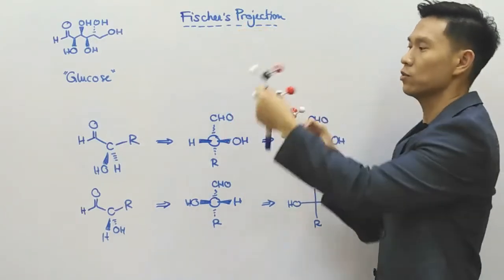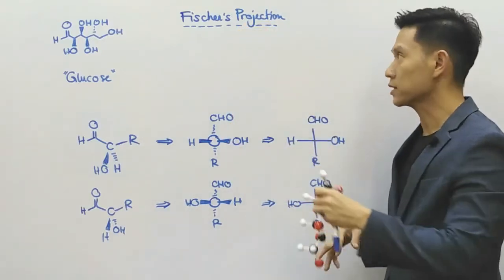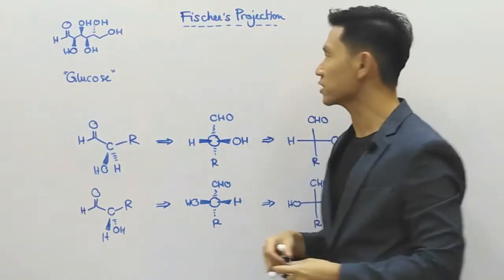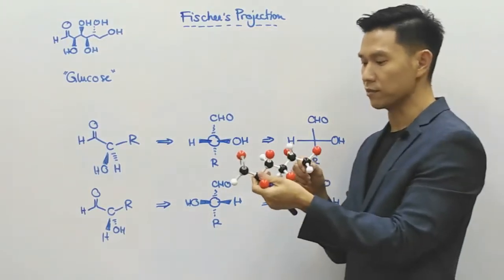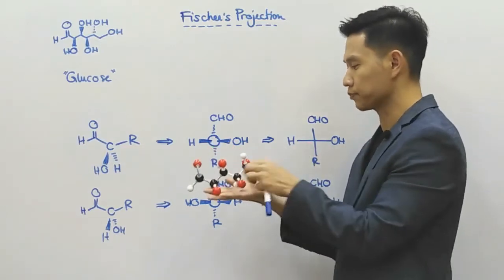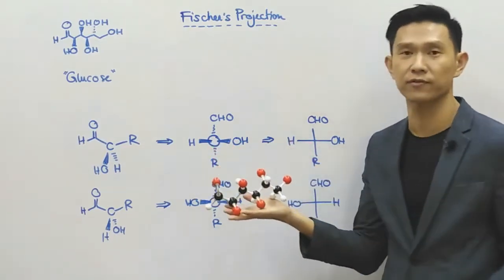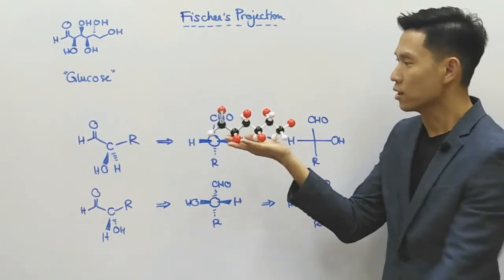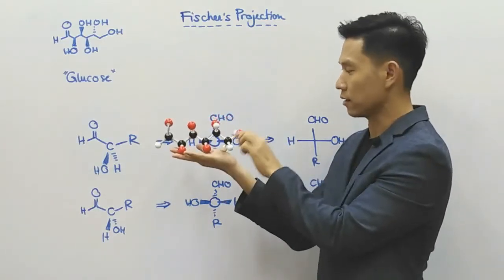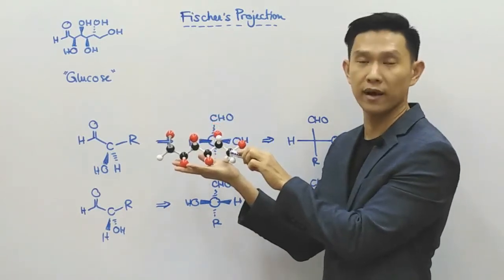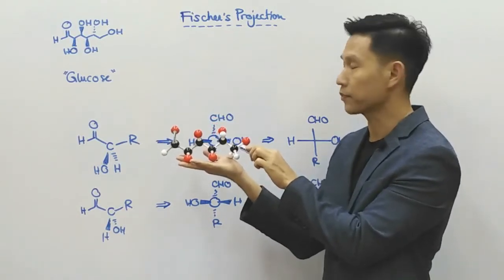So there are two ways, right? But for Fischer projections, again, we have another rule. The long chain of the molecule here has two ends, okay, the aldehyde and the alcohol at the very end here on the right hand.